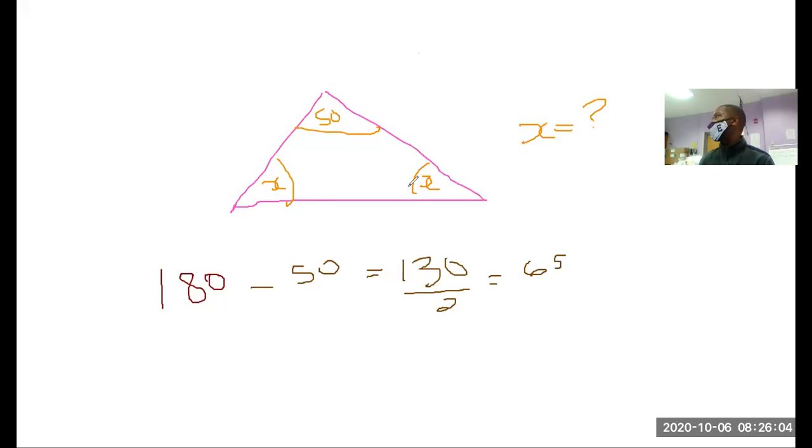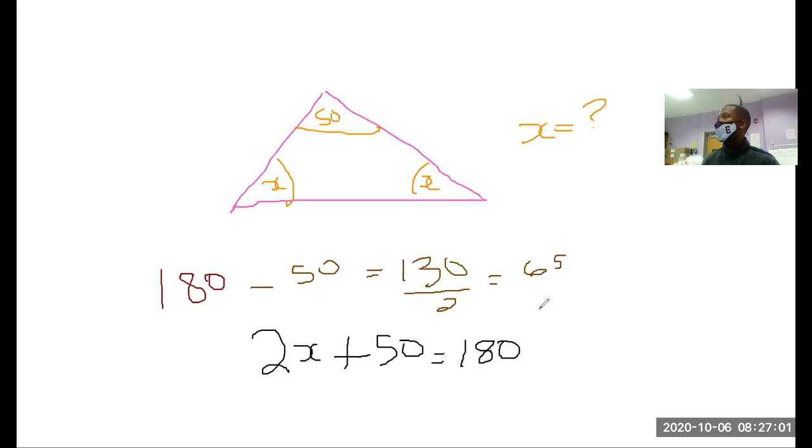We have two x's, so it'd be 2x. So 2x plus 50 equals 180.